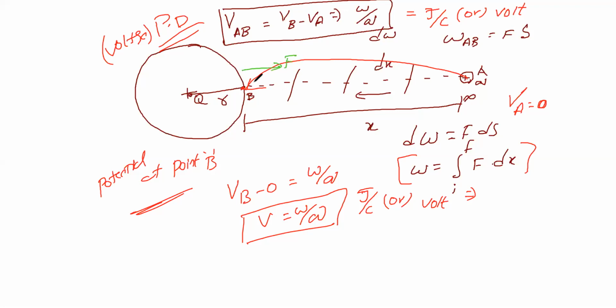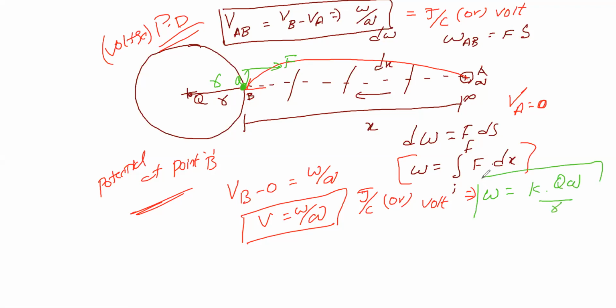There will be some repulsive force when you are placing this positive charge at point B. Again there is a force relation, with capital Q, small q, and distance R. When you integrate it, the final relation is W is equal to K, capital Q, small q by R.